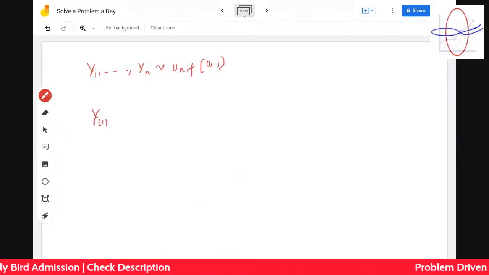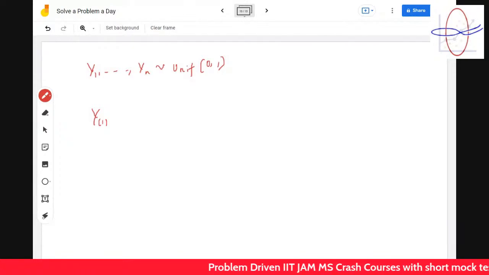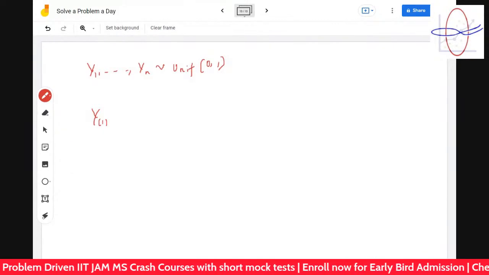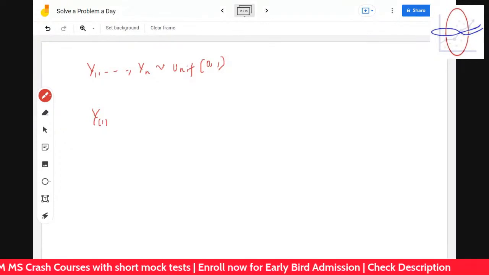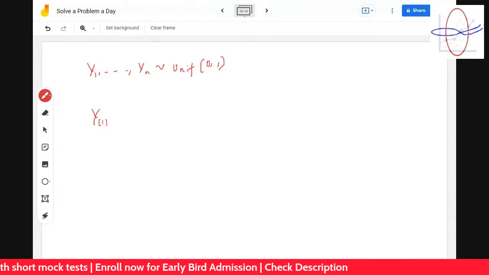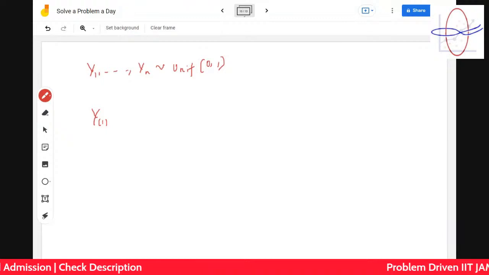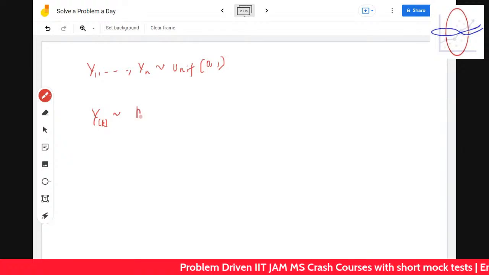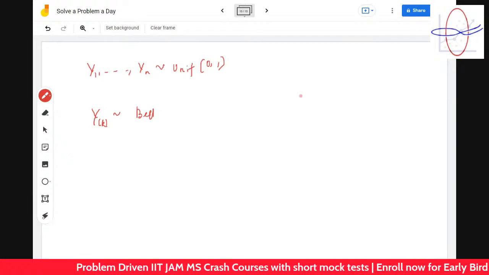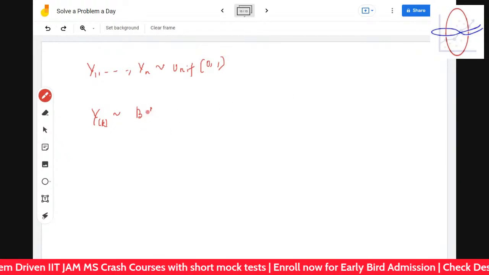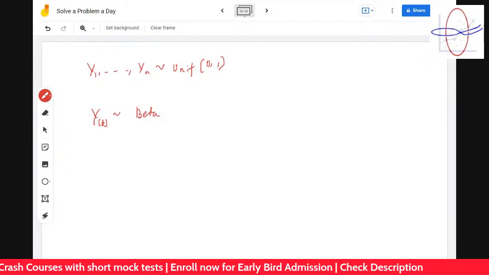If you want to remember it, you can pause the video and think for some time. Y order k follows beta k comma n plus 1 minus k.